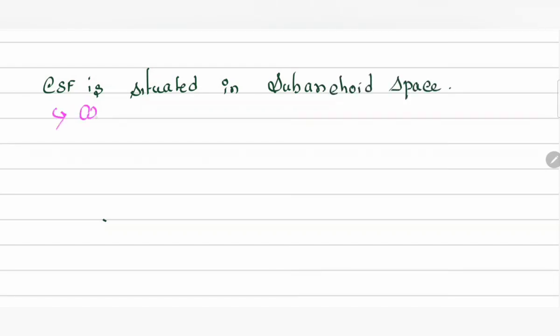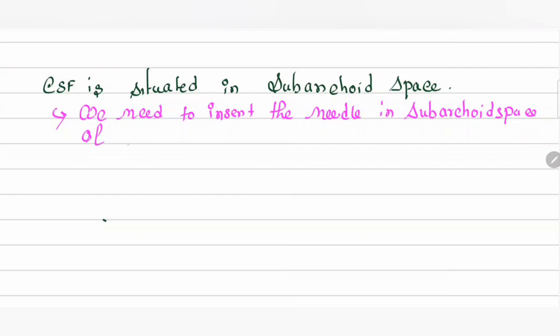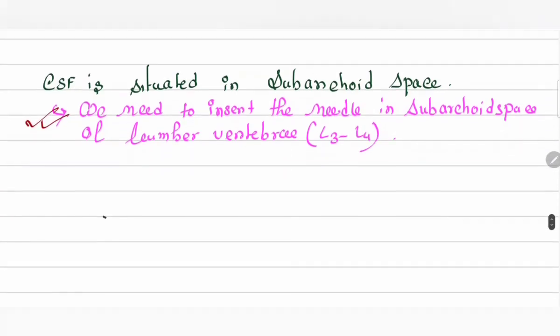For that we need to insert the needle in the subarachnoid space of the lumbar vertebra, that is L3 to L4. This is the actual site of the lumbar puncture.